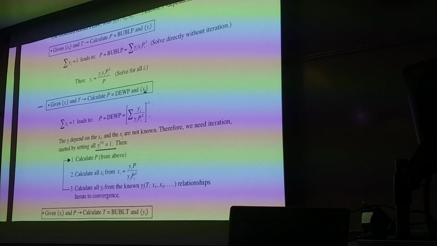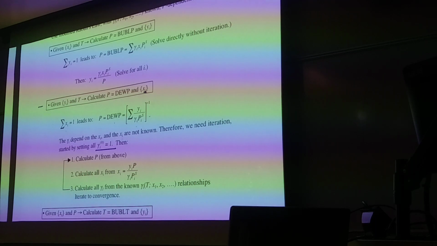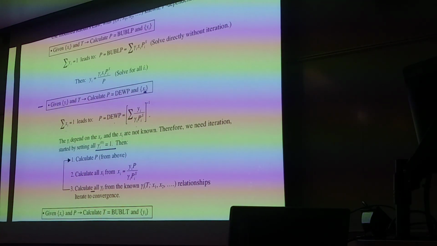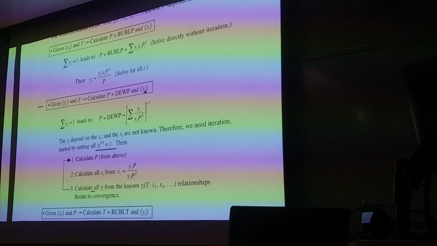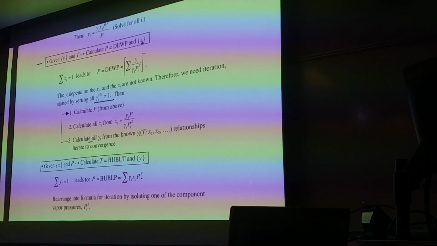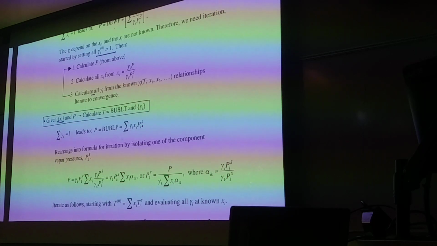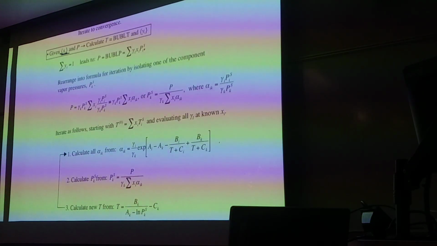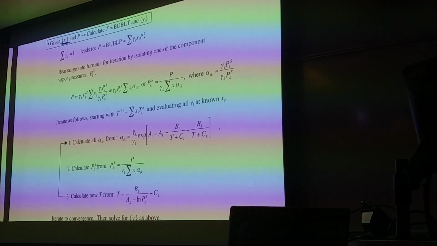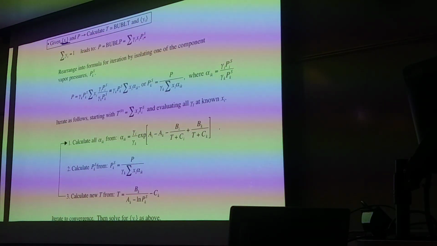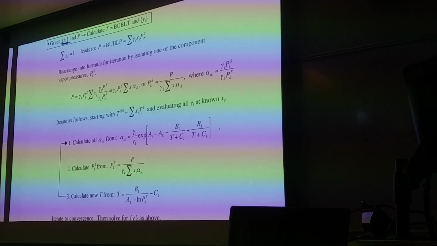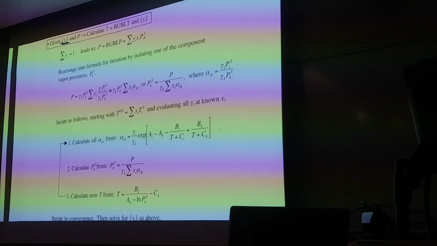But now that gives us a set of x's from which we can calculate a new set of gammas, put them back in and do it again and iterate that to convergence. If the liquid composition is known, then that's not a problem. So if I'm given that, then it's fairly straightforward, but I have to do an iteration if I have to determine temperature, because that is buried in my Antoine equations.